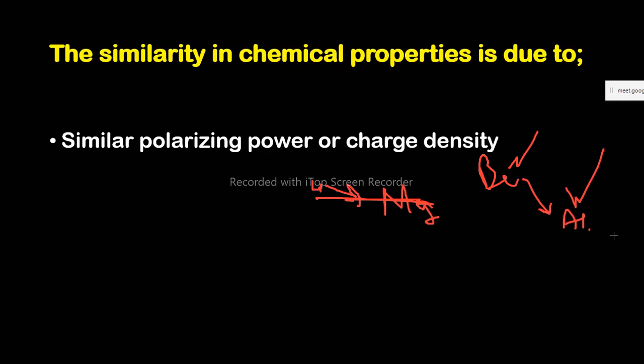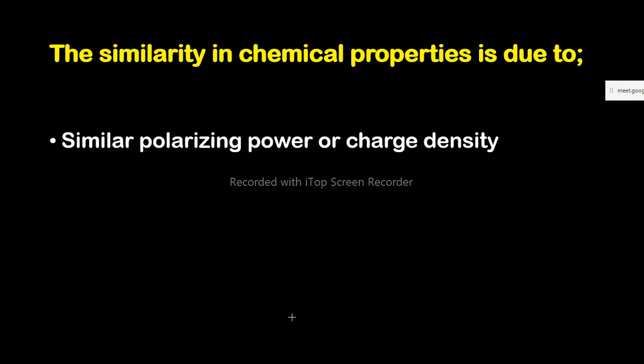From those periodic properties that we have been studying, we have been seeing that if a given property, for instance charge density, increases across the period, the property decreases down the group.